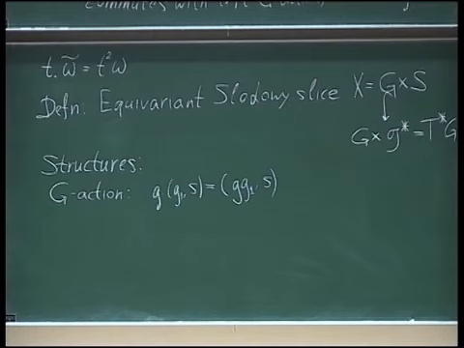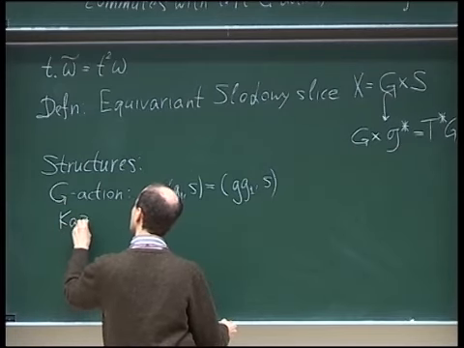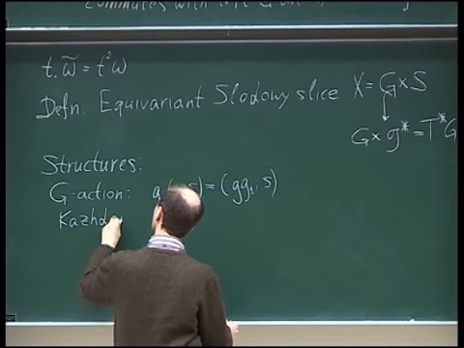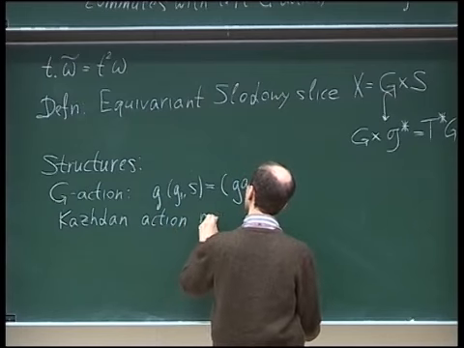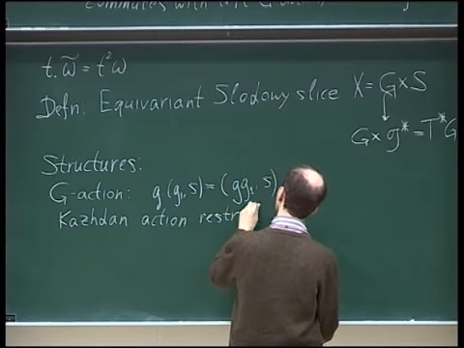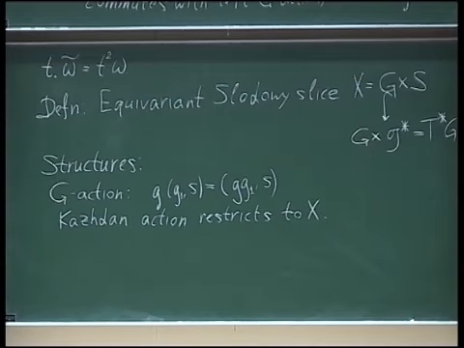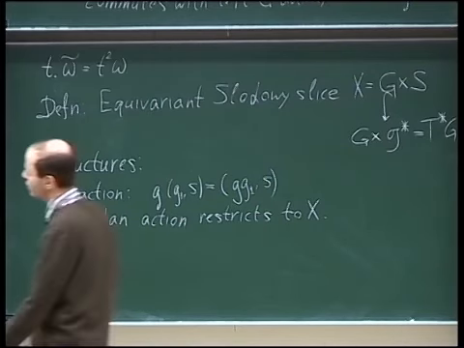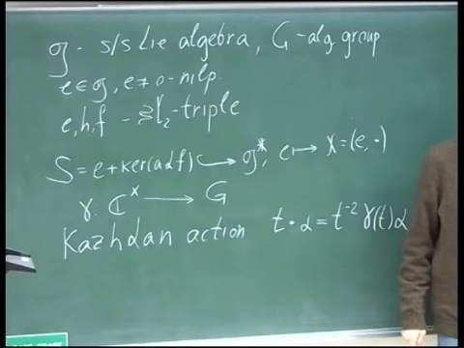Then we still have this Kazhdan torus action. So the Kazhdan action restricts to X, basically because S here in G dual is stable with respect to the Kazhdan action.